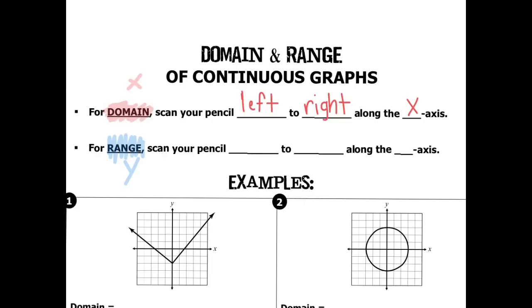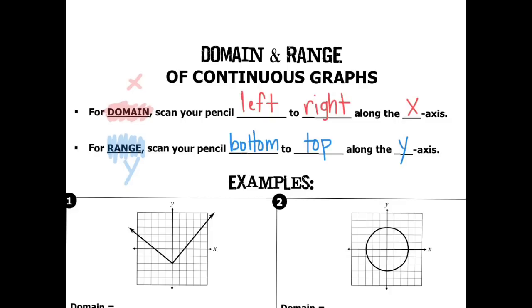So we're going to be scanning our pencil, scan your pencil bottom to top to capture all of the up and down values, all of where those points lie on the up and down y-axis. Okay. If we can scan our pencil across and we can scan our pencil up and down, or if you want to use your colors like I'm going to, your pink and your blue, we'll be able to kind of get a better picture of what the values are that are included.